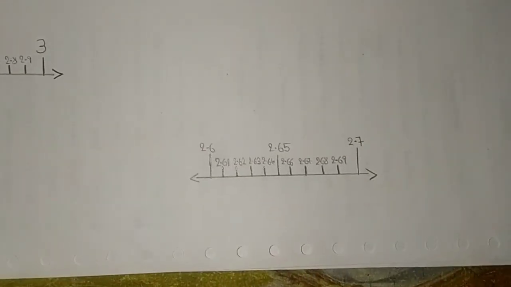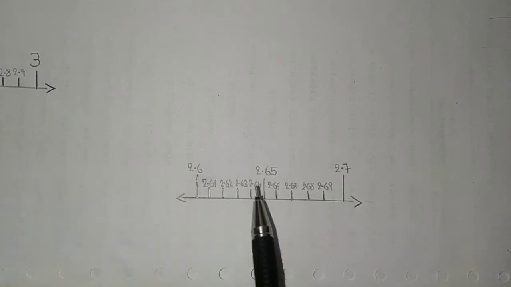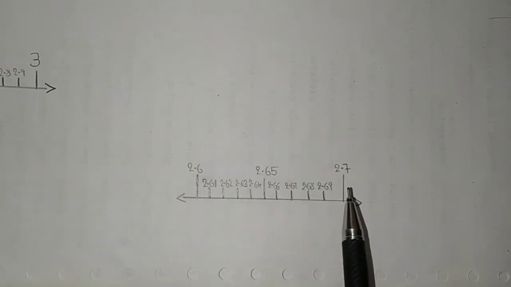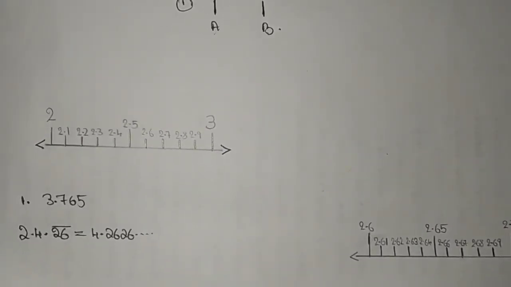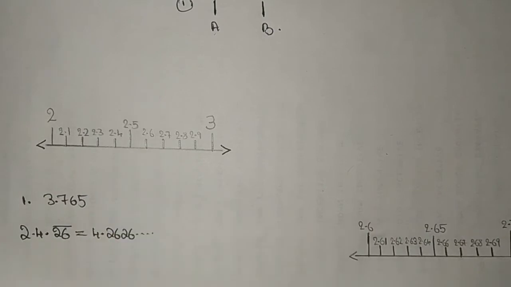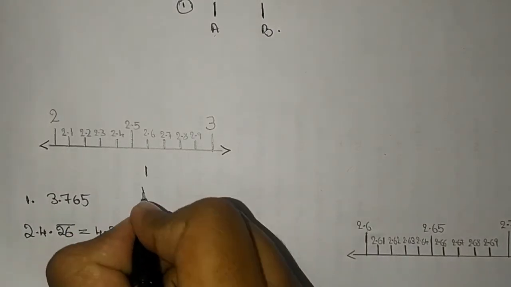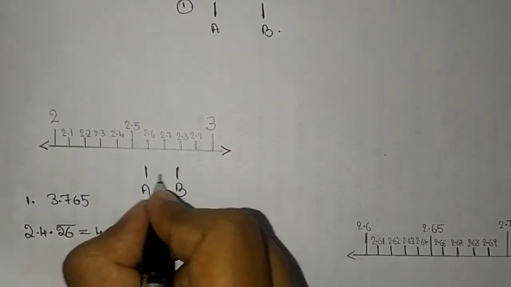In the next zoom, we know we got 2.6 in our second visualization. We need to find 2.65, and it lies between 2.6 and 2.7. Now A is 2.6 and B is 2.7, one end and the other end.